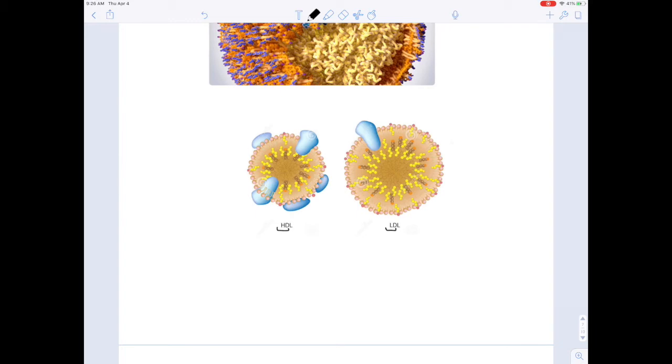Let's start with LDL. LDL stands for low density lipoprotein. For each of these, you want to remember 4 things. So that's the first thing, what they stand for. The density is coming from the relative amount of fat versus protein.